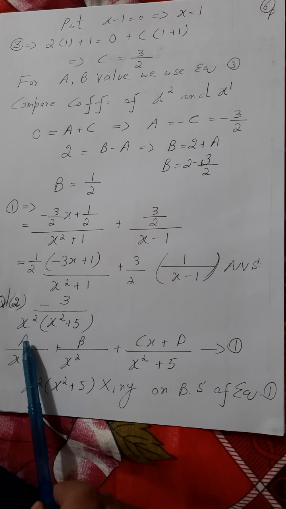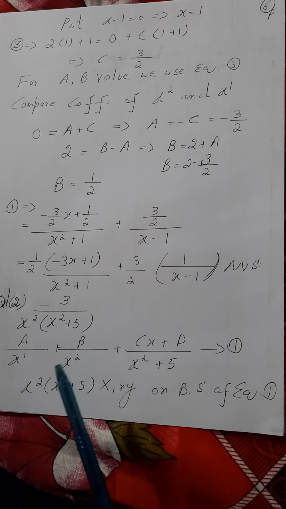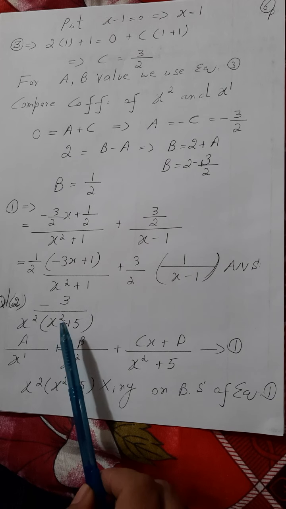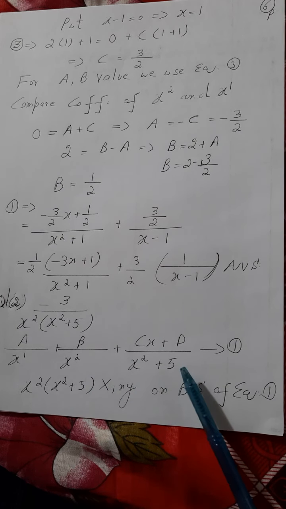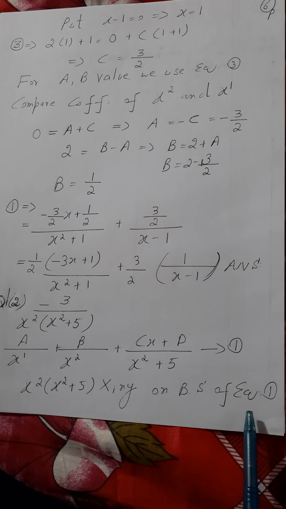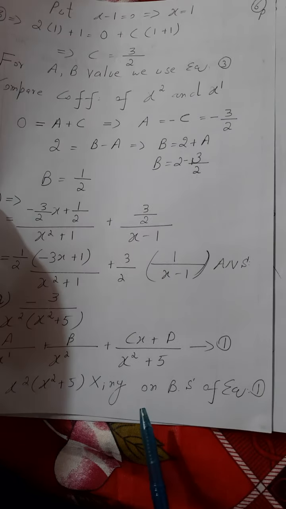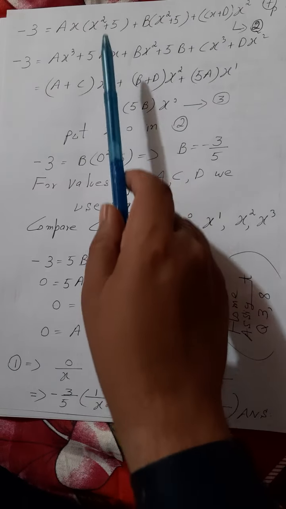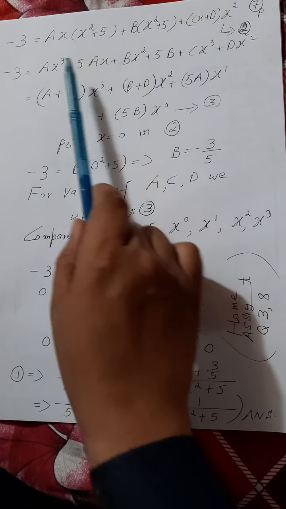It means that a over x power 1 plus b over x square, so linear repeated factor, and there is quadratic, so this is cx plus d divided by x square plus 5. So we multiply by x square and x square plus 5 on both sides of equation number 1. In a similar fashion we have the following result, as we have already discussed in the previous question.